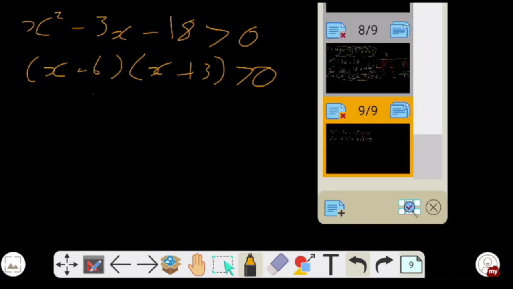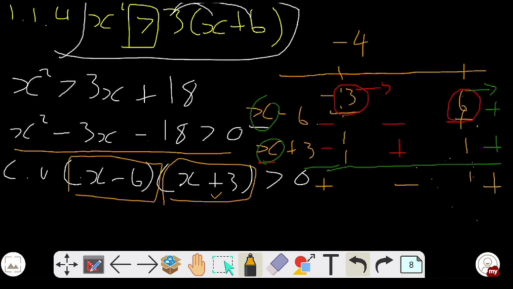Now looking at our signs, we look at where x is greater than 0 on your number line. As you can see, x is greater than 0 for any number which is greater than 3, and for any number which is greater than 6.